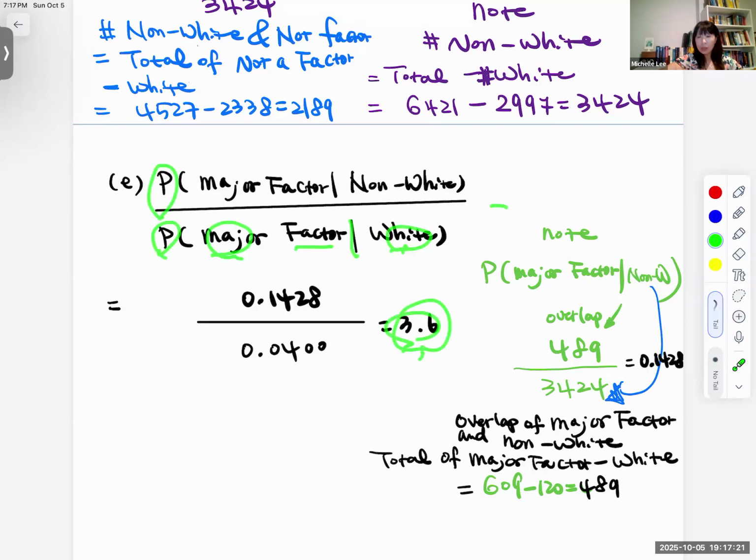That means a non-white person is about 3.6 times more likely to think that statement, race or ethnicity should be a major factor in college admissions, than a white person. Okay, let me write down what I talked about.